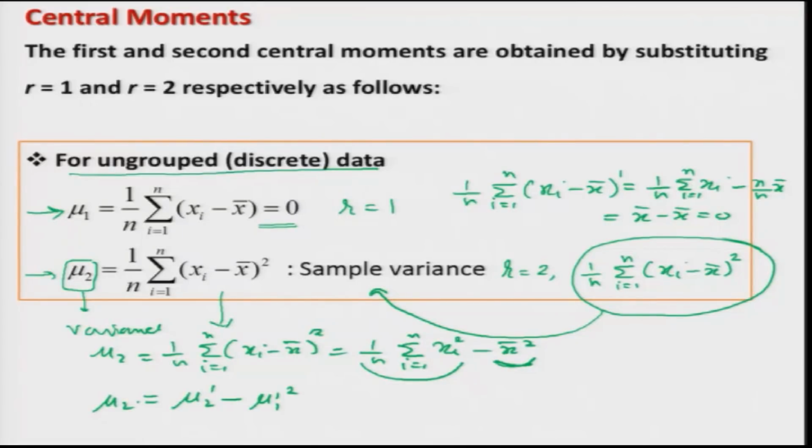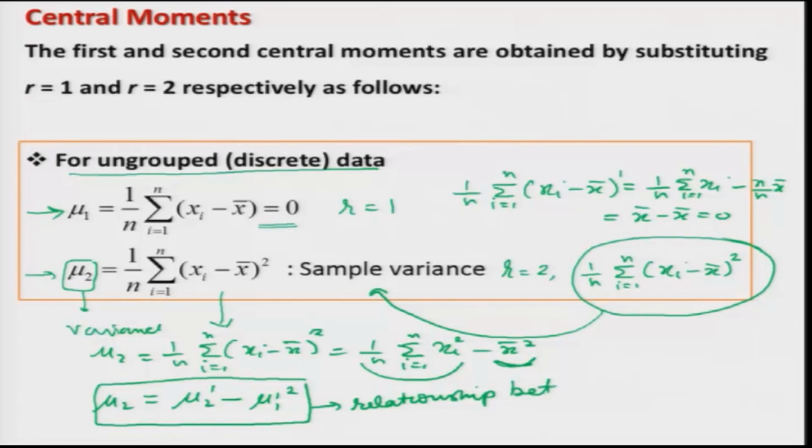So, mu_2 becomes mu_2 prime minus mu_1 prime square. So, you can see that this is a relationship between the second central moment and the second and first raw moments.